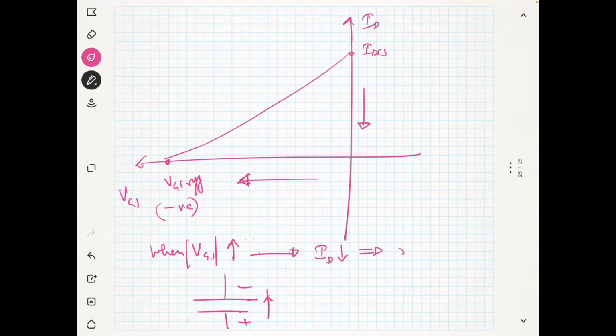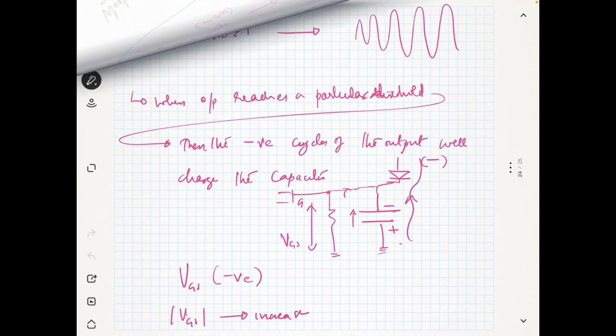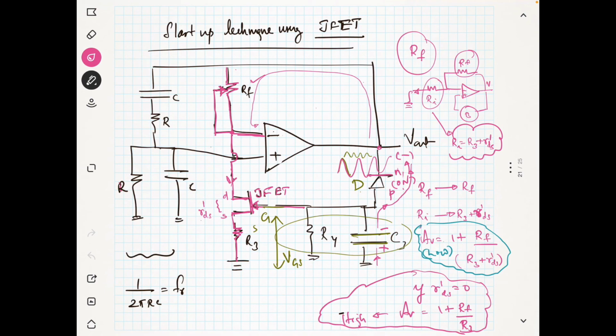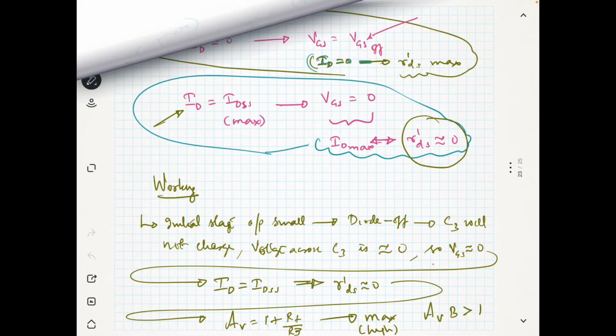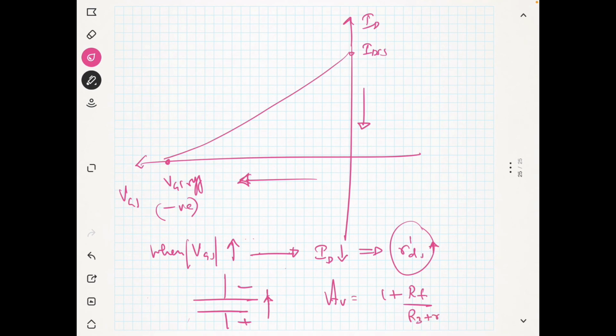That means the resistance R dash ds is increasing. So if R dash ds is increasing, then the voltage gain is 1 plus Rf by R3 plus R dash ds. Okay, so this is what is happening.